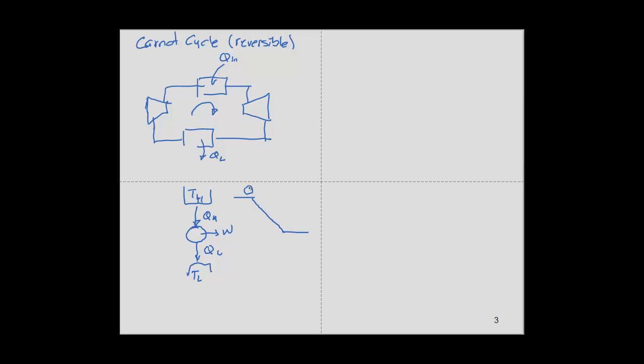Please note that we have here a similar situation: we have a rock, and it will naturally flow from high to low. So this heat can be represented as this rock. It will naturally flow from the high temperature reservoir to the low temperature reservoir, right?